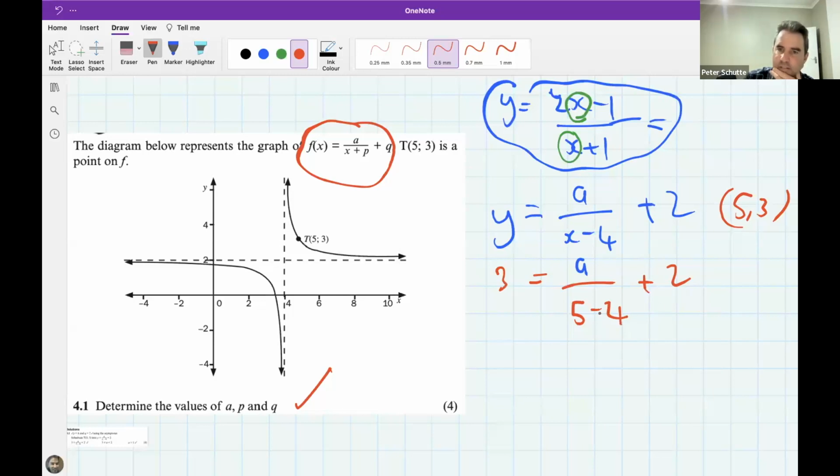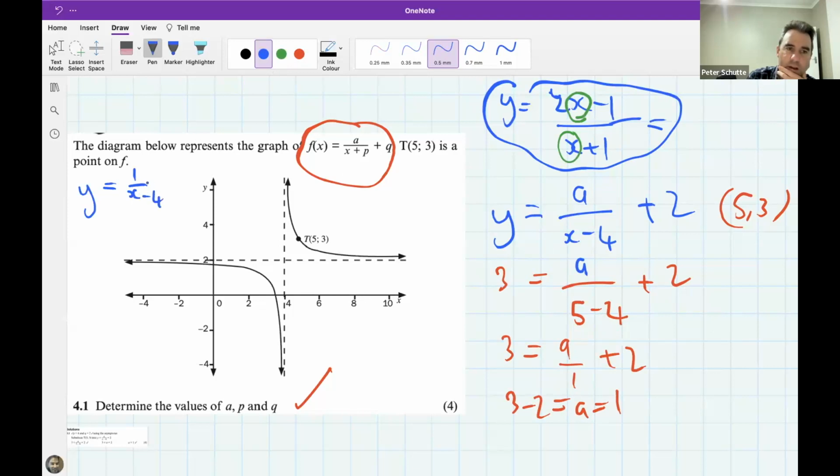And then 5 minus 4 is 1. So I get 3 is a over 1 plus 2. In this case, 3 minus 2 equals a, which is 1. So the equation of this graph is going to be y equals 1 over x minus 4, plus 2.